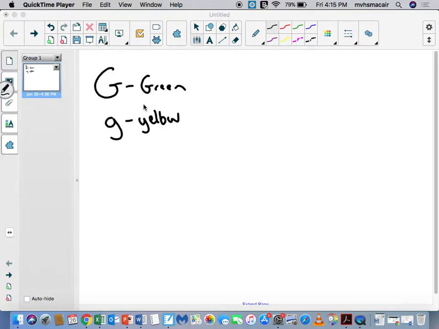And also we'll go with spots. I don't want to use an S because of the shape of the letter, so let's throw a T out there. If it is dominant, it's going to have spots, and if it's recessive, we're going to say no spots whatsoever.